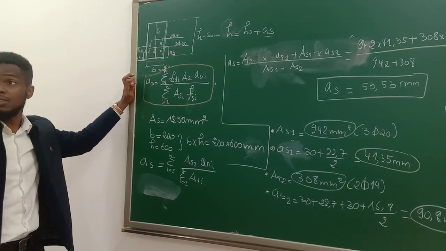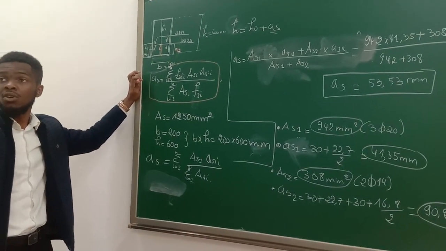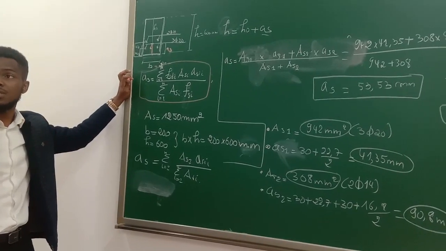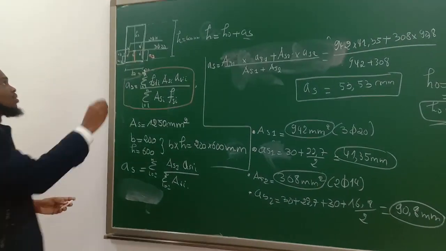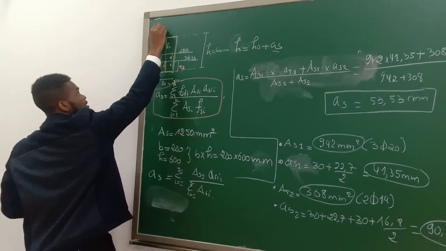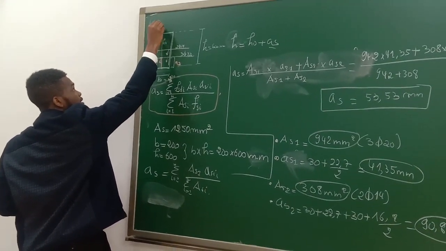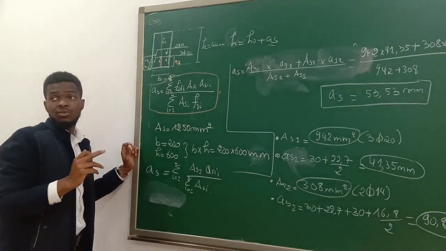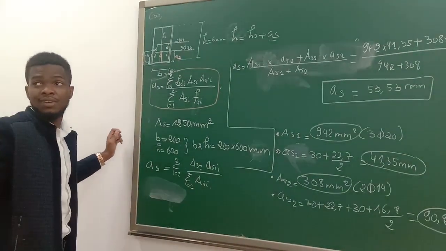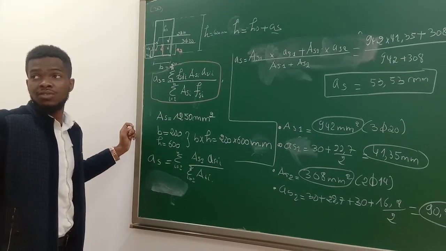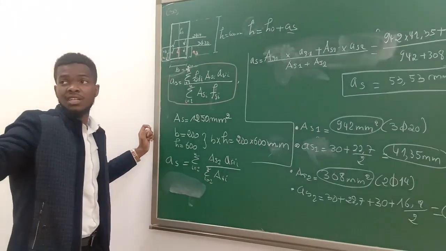Then they also give us the concrete strength of C. We understand that they give us the kind of concrete we use here. And for the steel strength, they give us the kind of steel that we use.